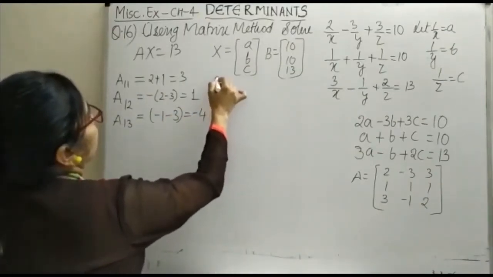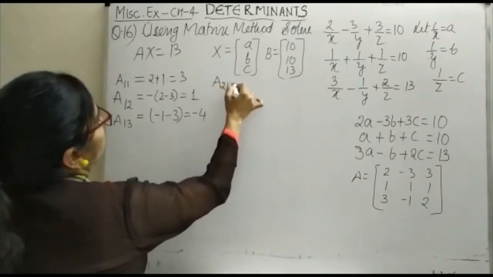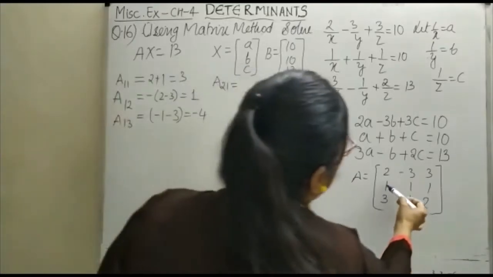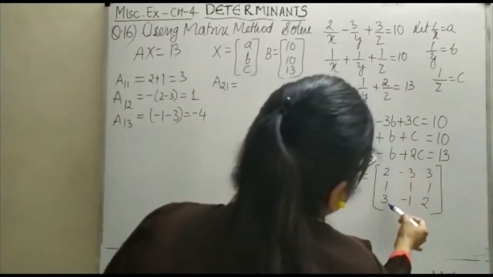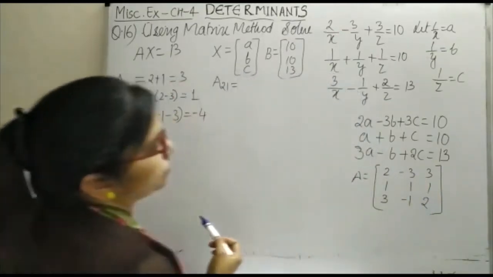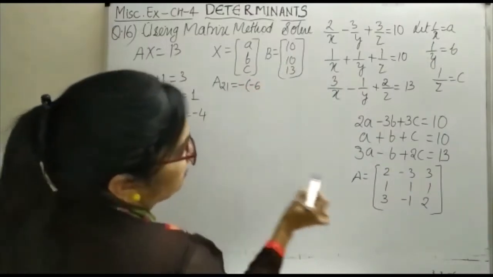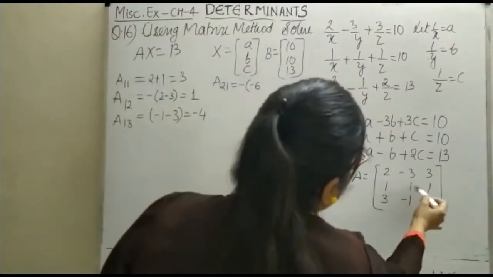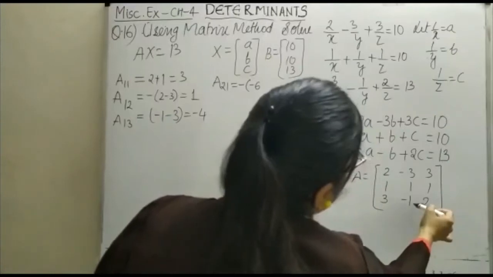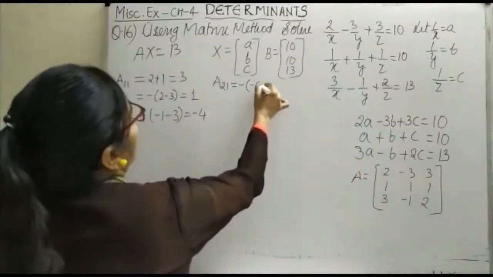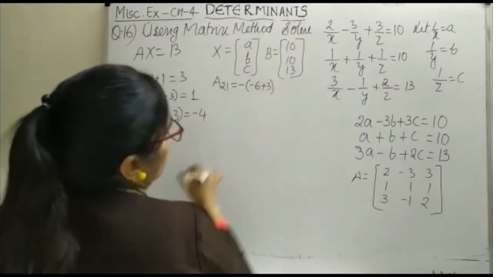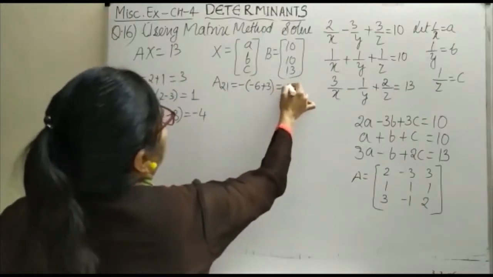Similarly, we can work out A21. We exempt the middle row and this column, so minus 3 into 2, we keep one minus here, minus 6 plus 3, which is equal to 3.